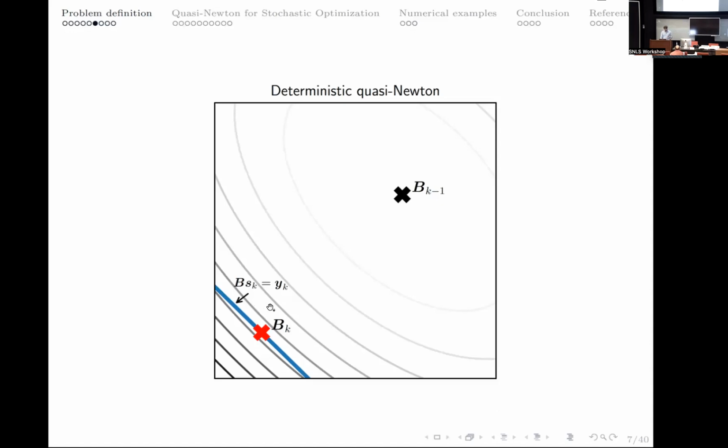So what is done is one minimizes within this subspace this proximality term, and then you find a good Hessian approximation, hopefully good, right? Now, okay, this works in deterministic optimization.